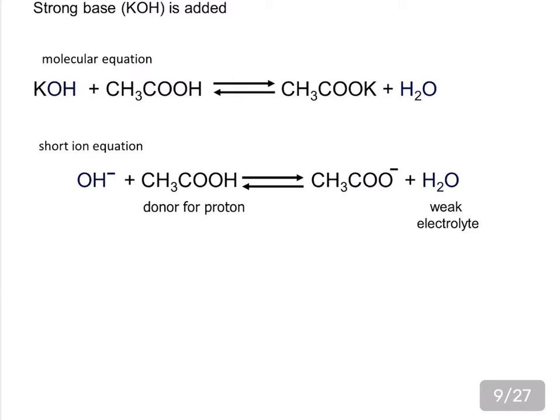As a result, a weak electrolyte will form. The mechanism of interaction may be represented by a molecular or ionic equation.